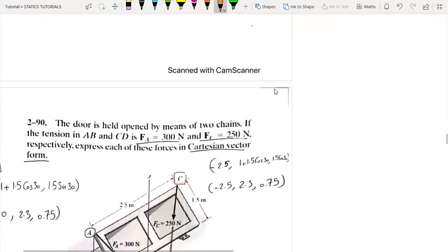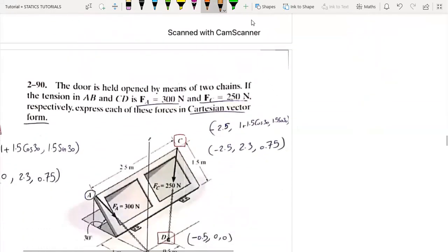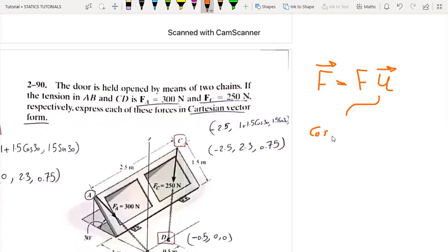Now here we have another topic, which is the position vector. As we have just mentioned, the Cartesian vector can be written as F, the magnitude, multiplied by the unit vector. The unit vector can be written in terms of cosine alpha, beta, and gamma, the coordinate direction angles, or it can be written in terms of the position vector r over the magnitude of the position vector.